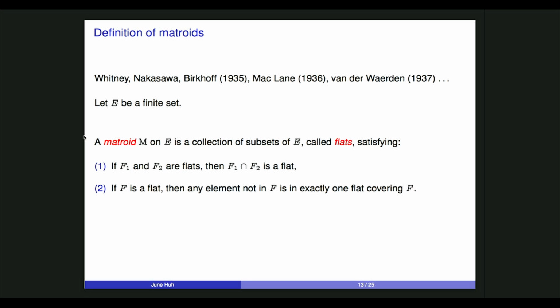But in general, you ask that this distinguished collection of subsets of the finite set E satisfy axioms 1 and 2. The first simply says that your collection is closed under intersection. And the second says that if F is a flat, one of the distinguished subsets, then any element not in F is in exactly one flat covering F. So this is a subtle property.